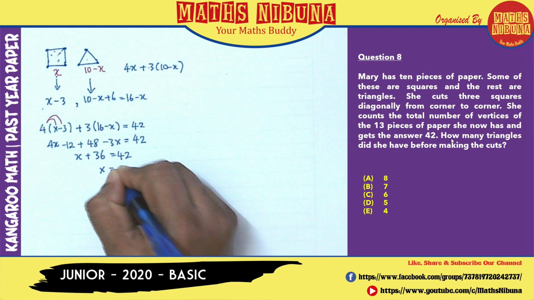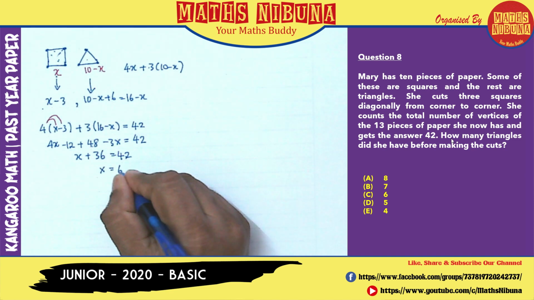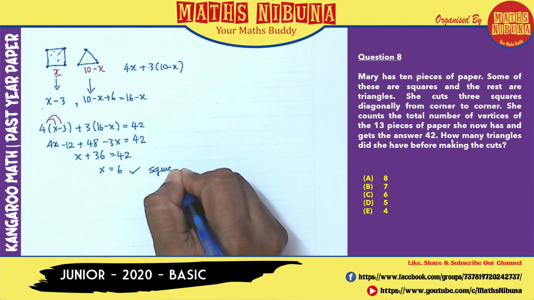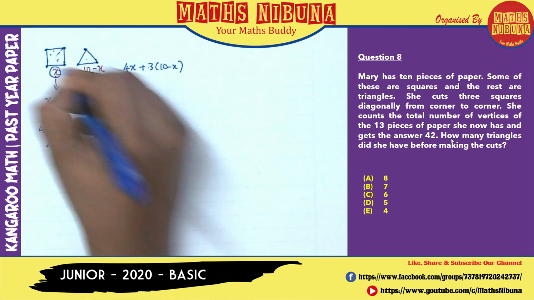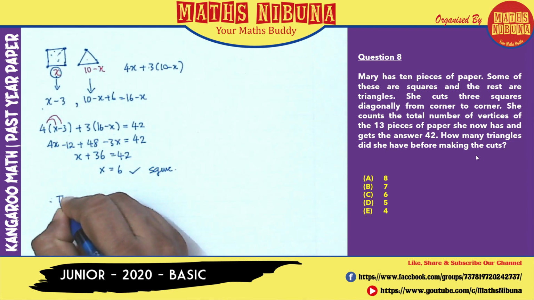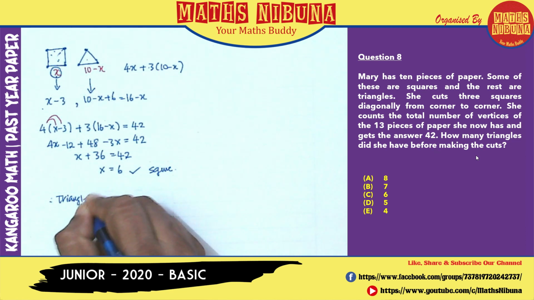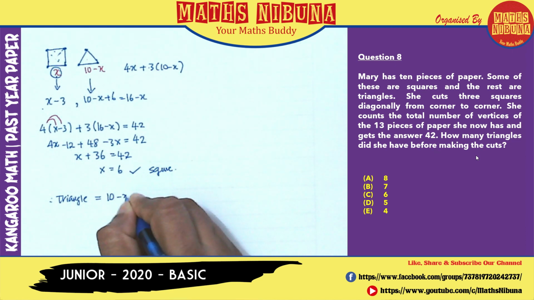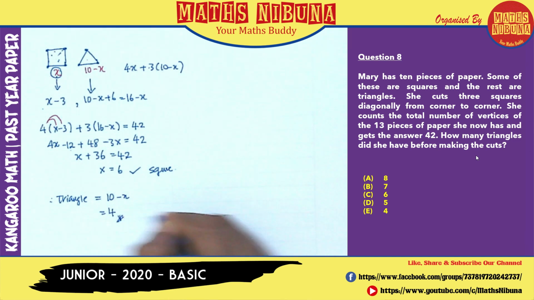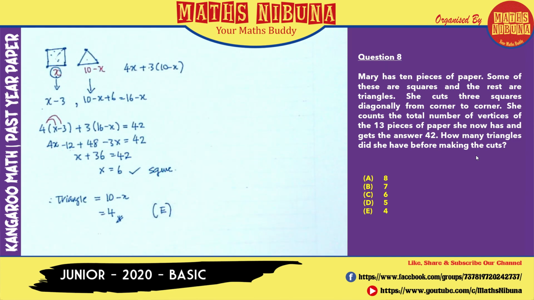So x equals 42 minus 36, equals 6. This is the number of squares, we have to be careful: x is your square. Now the question is, how many triangles did she have before making the cuts? The triangles should be 10 minus x, which gives us the answer 4. So answer is E.